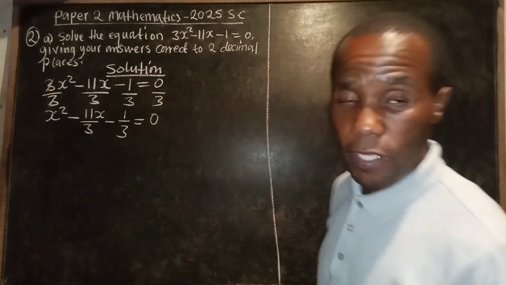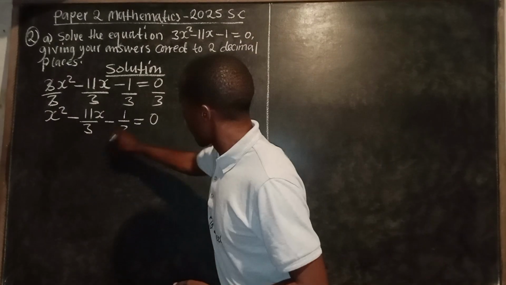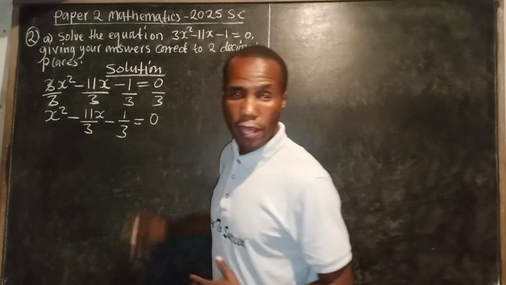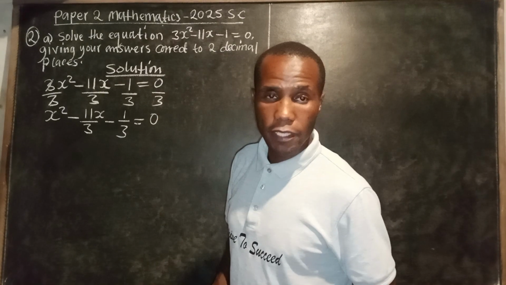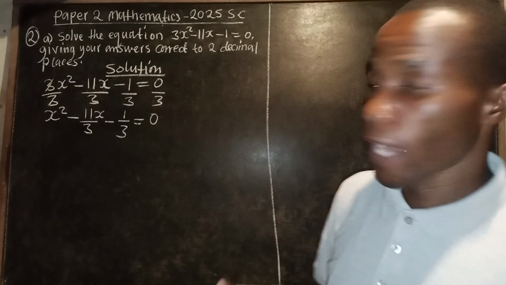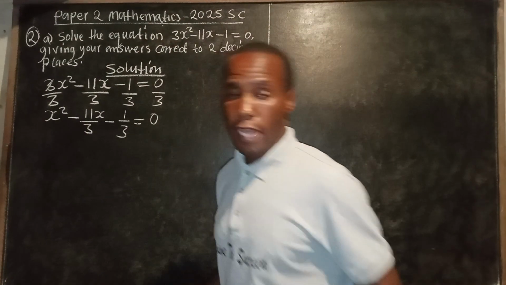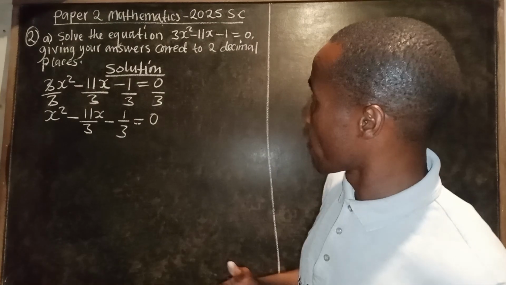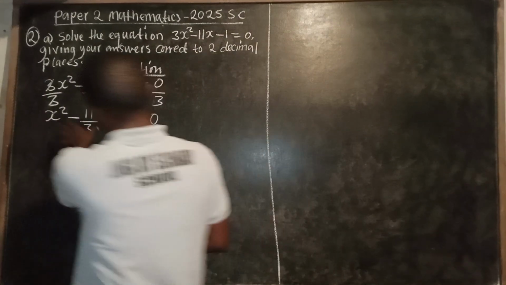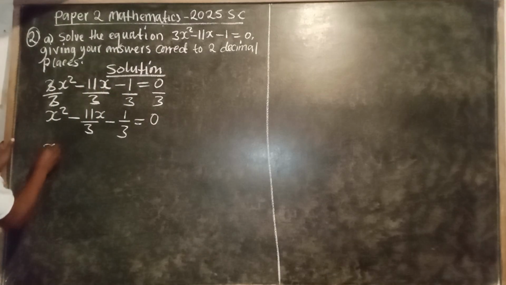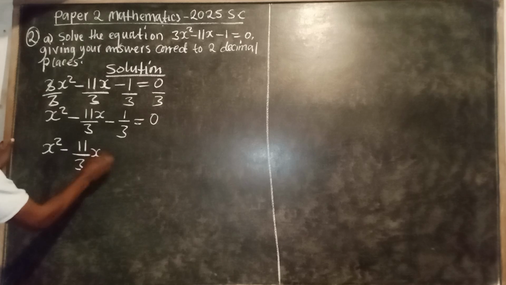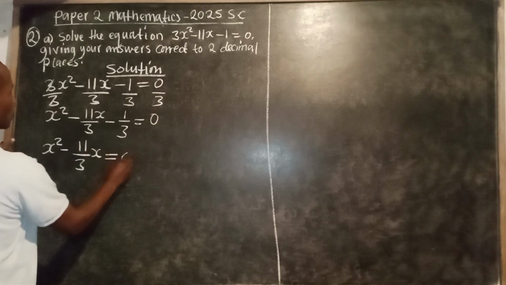How are we going to progress now? We are going to make sure that the number with no variable goes to where the 0 is. For it to go to this side, it will cross the equal sign, and definitely it will change its sign. So we bring down x squared minus 11 over 3 x as they are.